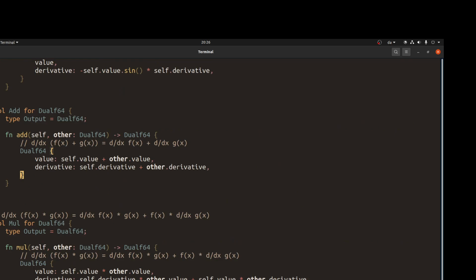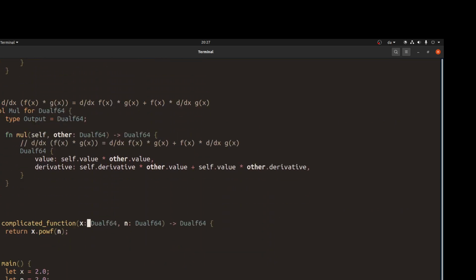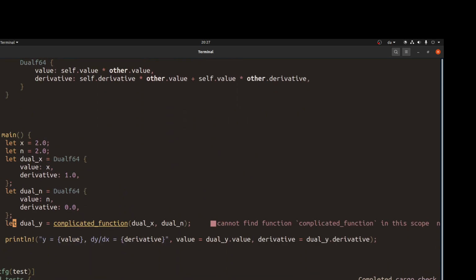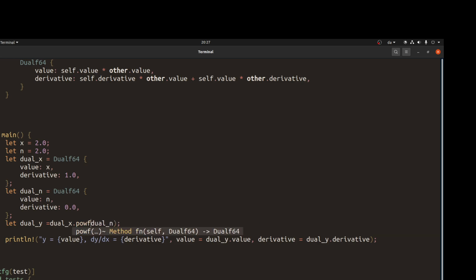So as a final thing, let's get rid of this complicated function, which is just x to the power n, to make everything a little bit more readable.